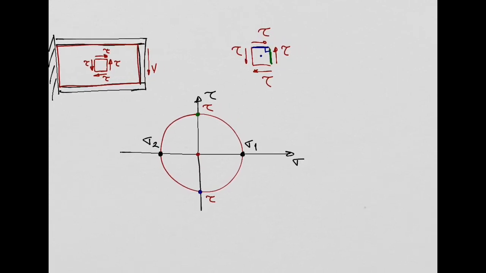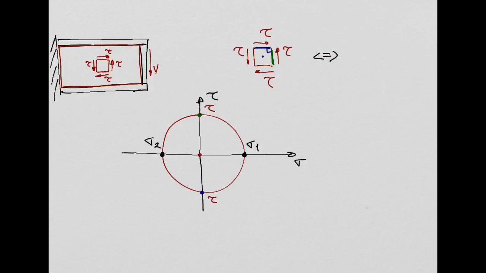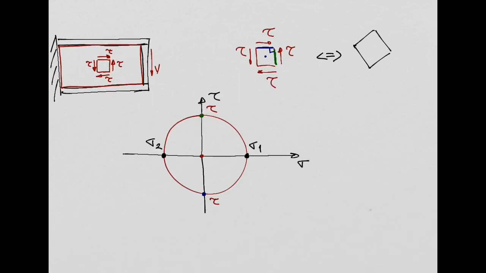So why am I representing this? Because, look at this. This stress state that I have here, which is the one I have in my web, is going to be equivalent to a stress state something like this. This angle is going to be 45 degrees. Okay?